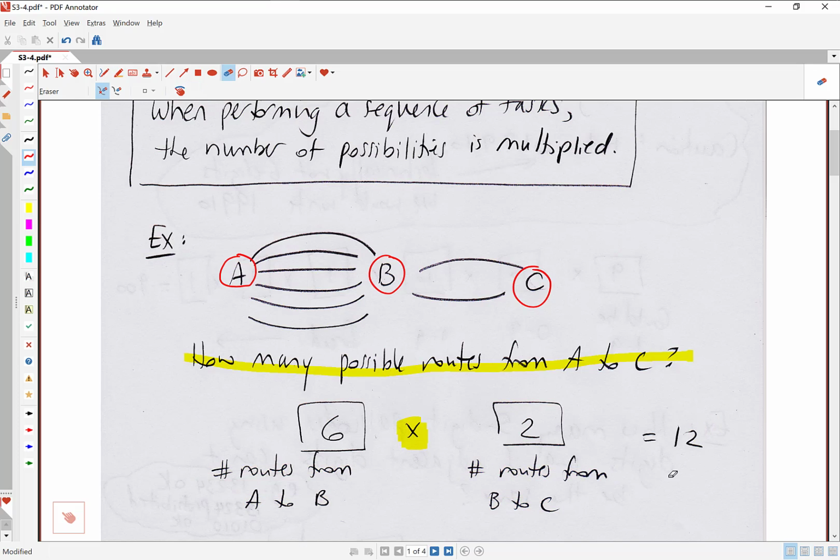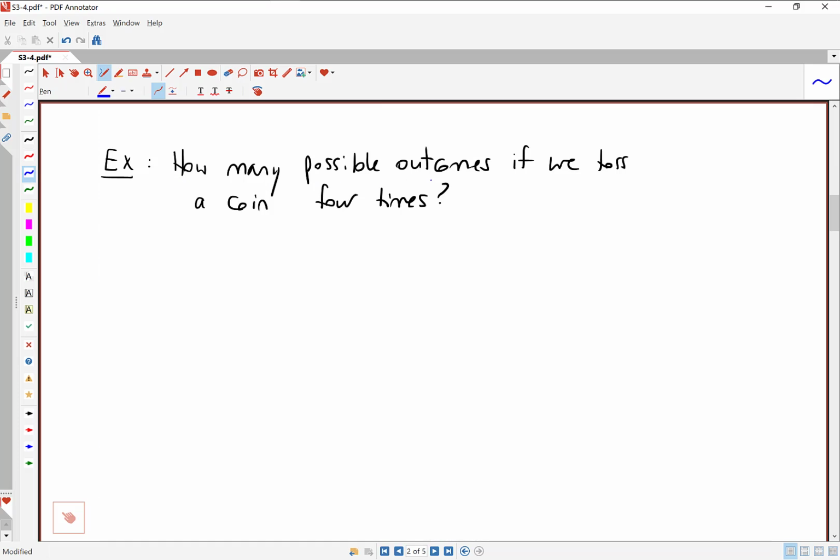So the way to get comfortable with these counting problems is just to do a wide variety of examples. So throughout this video, we're going to see a bunch of different contexts where we can apply the multiplication principle. We want to figure out how many possible outcomes there are if we toss a coin 4 times. So what we care about here is the sequence of heads or tails.